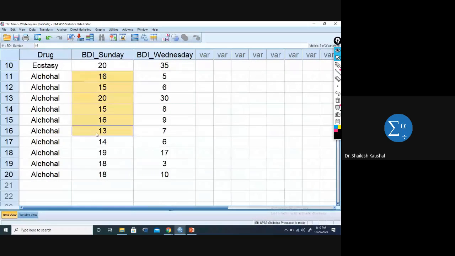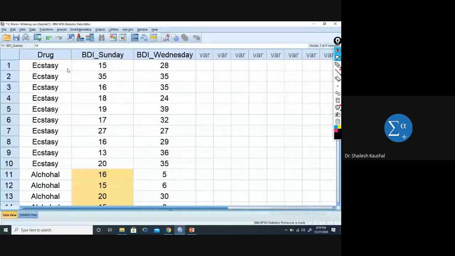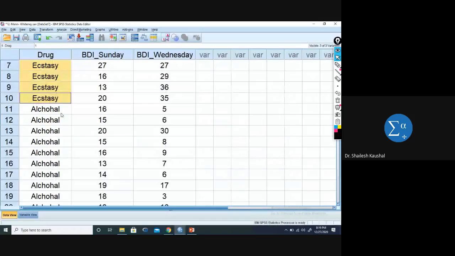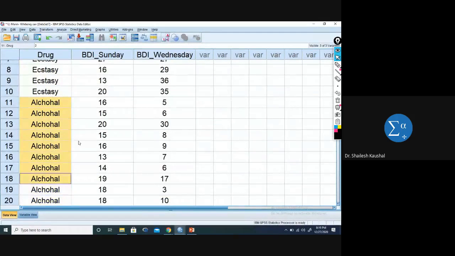For the other 10 participants, the doctor gives alcohol and checks the depression the next day. The doctor wants to know whether the tablet or alcohol works for reducing the depression level.